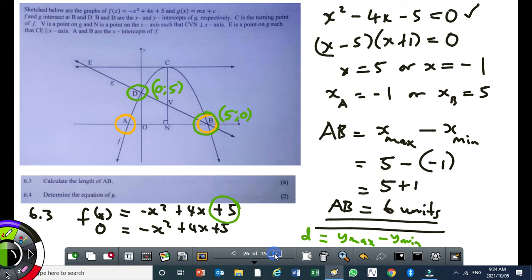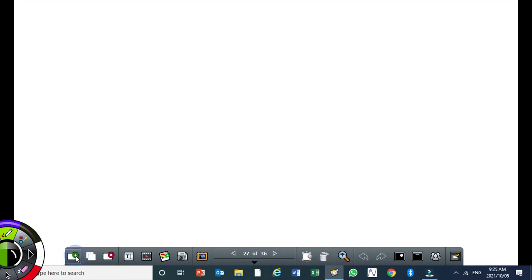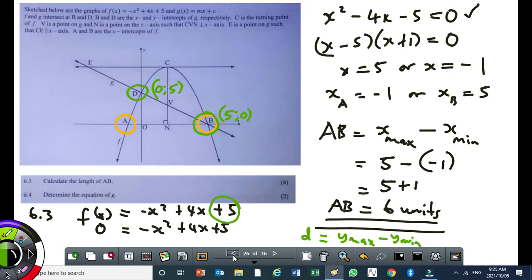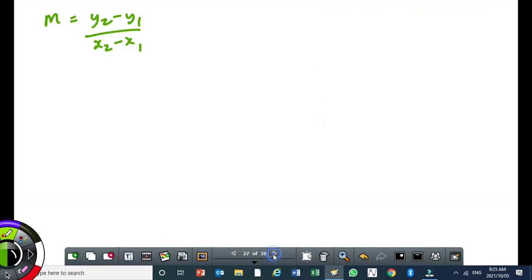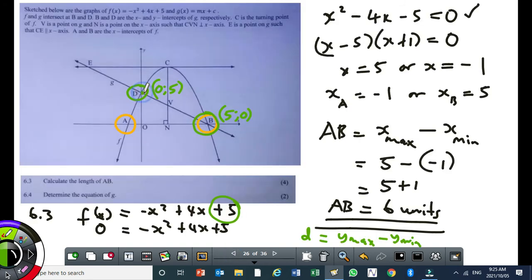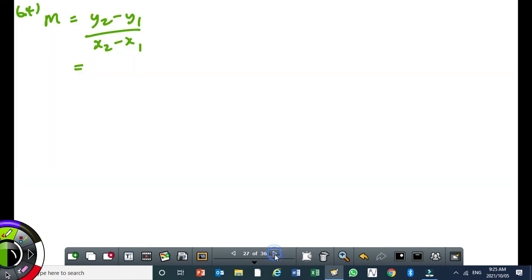Alright, so let's get on, find the gradient. The gradient is going to be y2 minus y1 over x2 minus x1. Let me label that question 6.4. If I consider my y2 as this point here, it will be 5 minus 0.